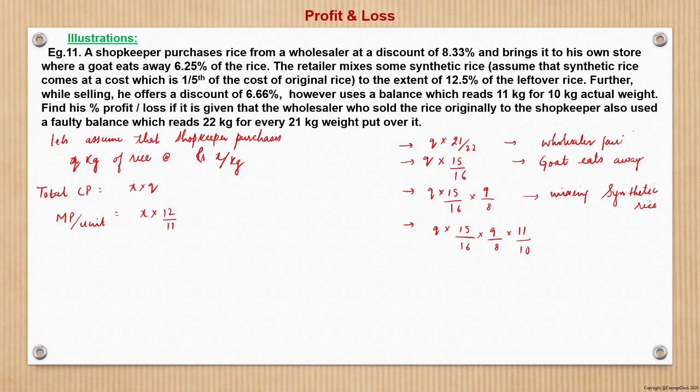Wholesaler's faulty machine, right? Impact on the weight being sold. So here also I'm bringing down this factor 21 by 22.